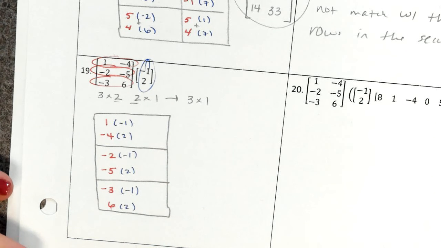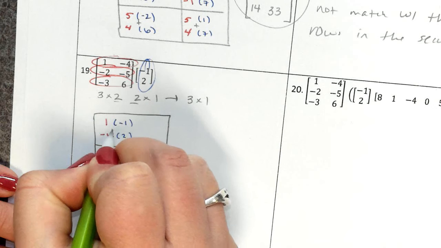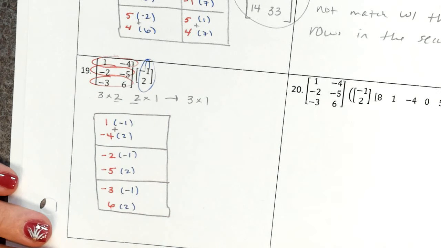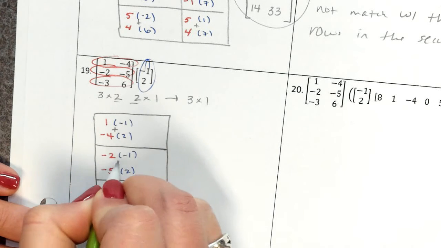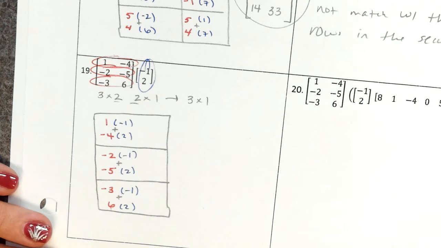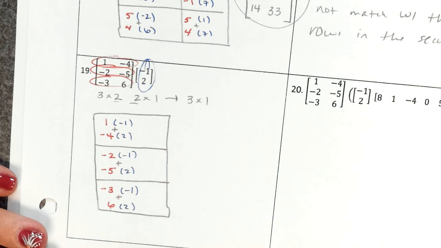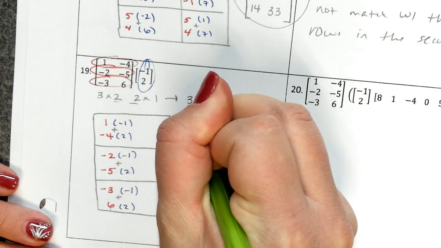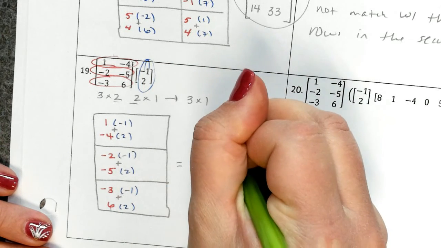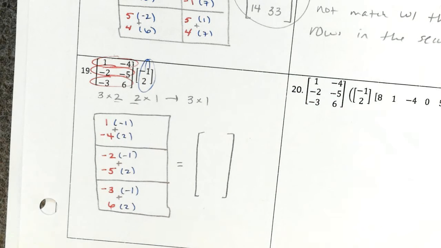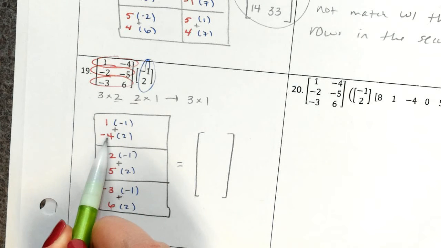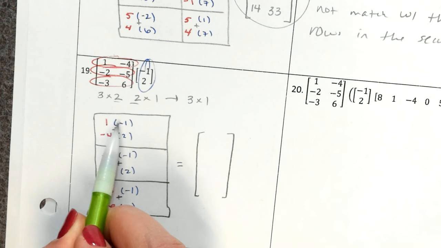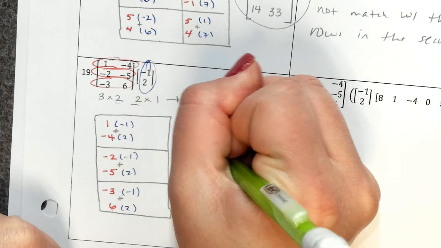And from there, I know that I'm multiplying these, then adding, multiplying those. Multiplying these, and adding them together. So there's a plus sign in between those pairs of multiplication. From there, you can do another workbox, or you can go right to your answer. 1 times -1 is -1, plus -4 times 2 is -8. -1 and -8 is -9.